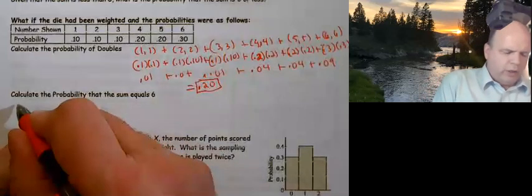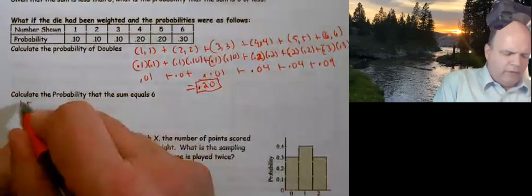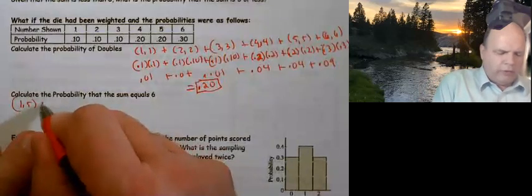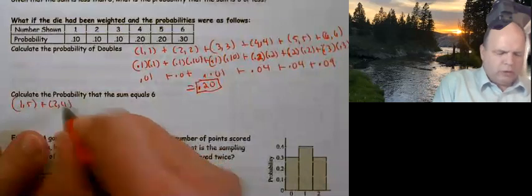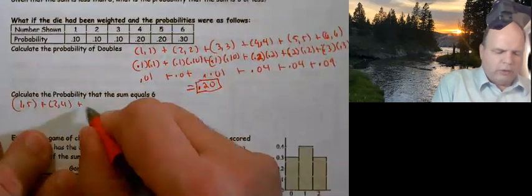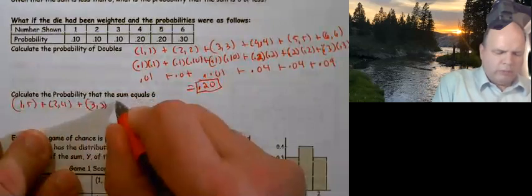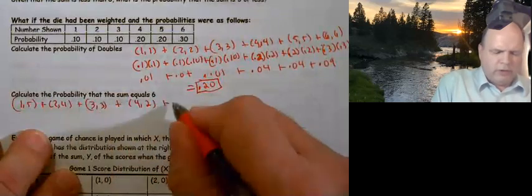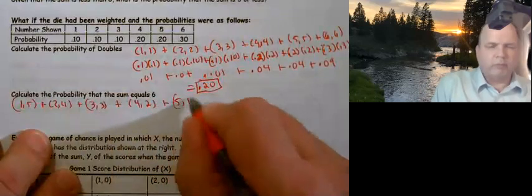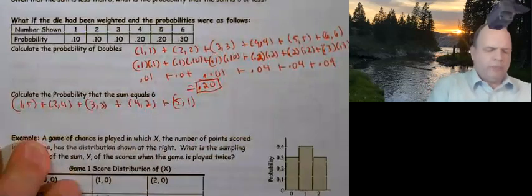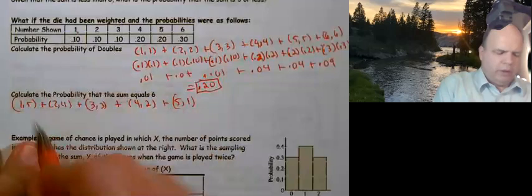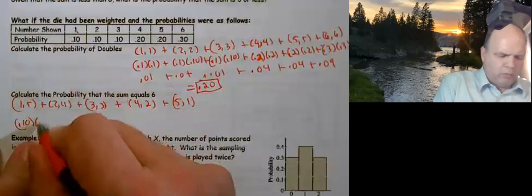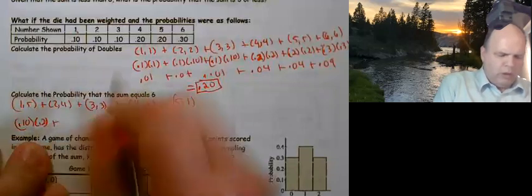So in this case, we're going to need a 1 comma 5 plus 2 comma 4 plus 3 comma 3 plus 4 comma 2 plus 5 comma 1. Well, the probability of a 1 was 0.1, and the 5 is 0.2. 2 is 0.1.